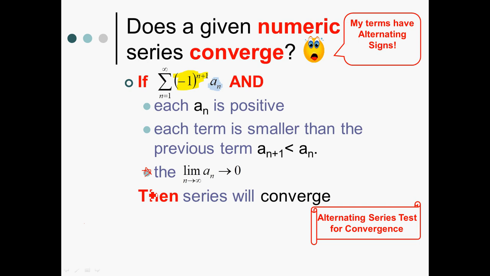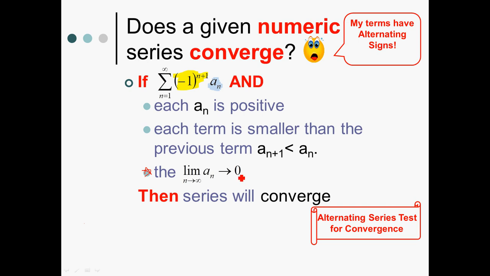Really, if you think about this, remember I always warned you that the nth term test is only for divergence. If the limit of your terms goes to 0 and all your terms are positive, you don't know if you converge or diverge.